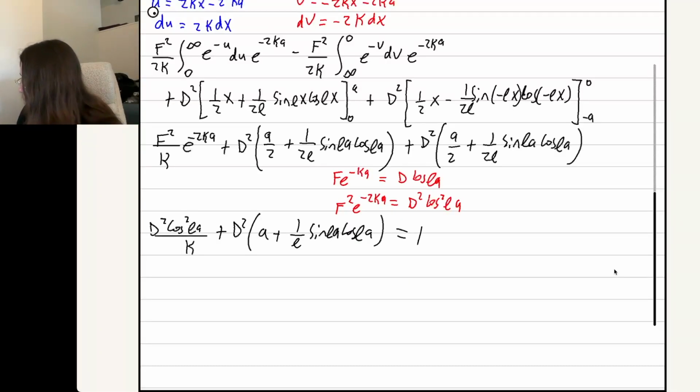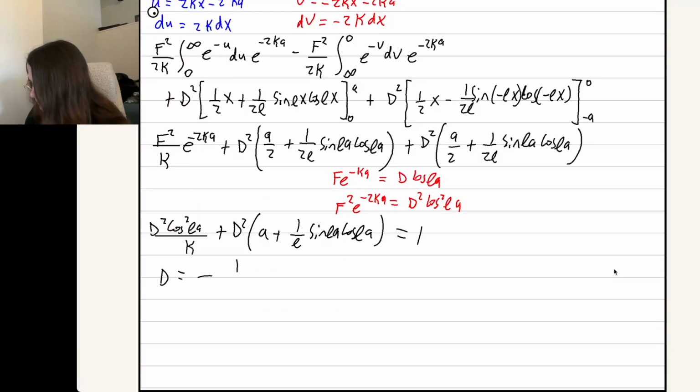We've been normalizing it. And so we can get a form for d from this. It's a big, ugly term, because it's just going to be 1 over the square root of cosine squared La over kappa plus a plus 1 over L sine La cosine La.